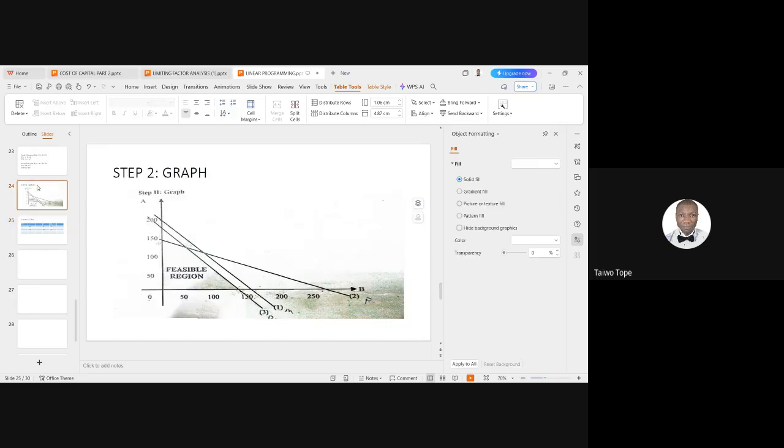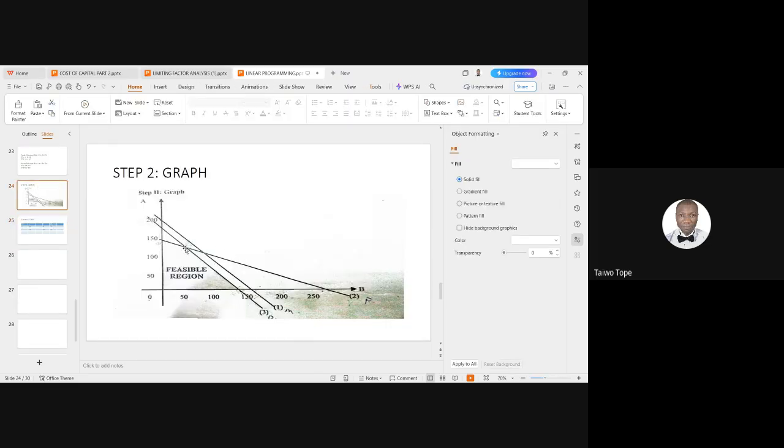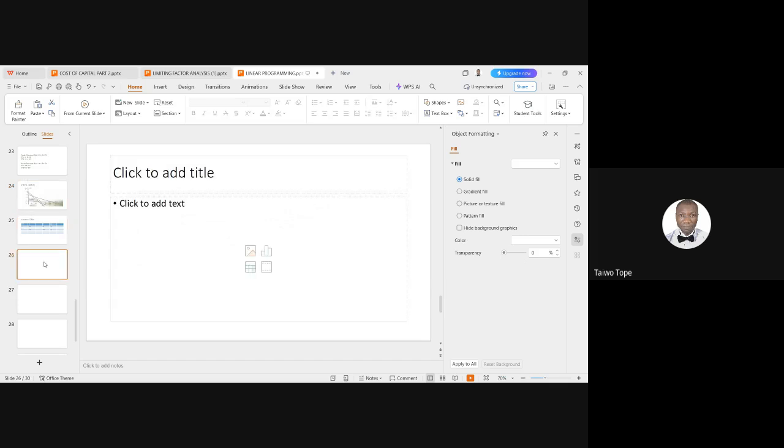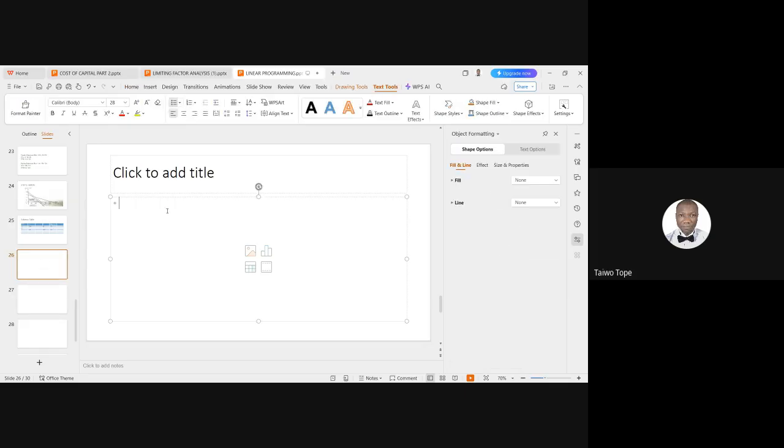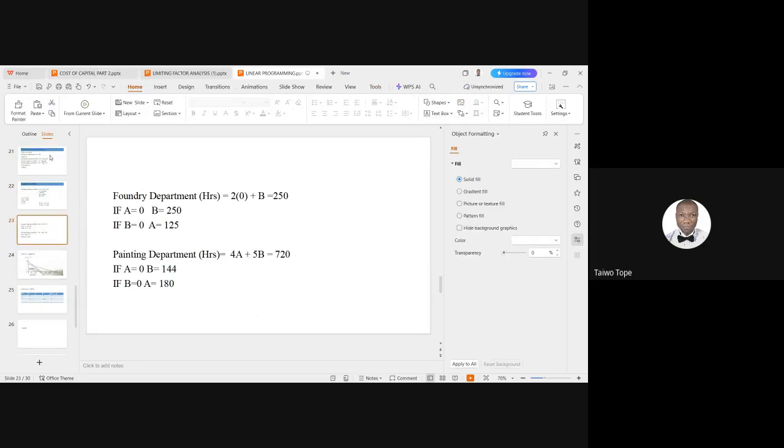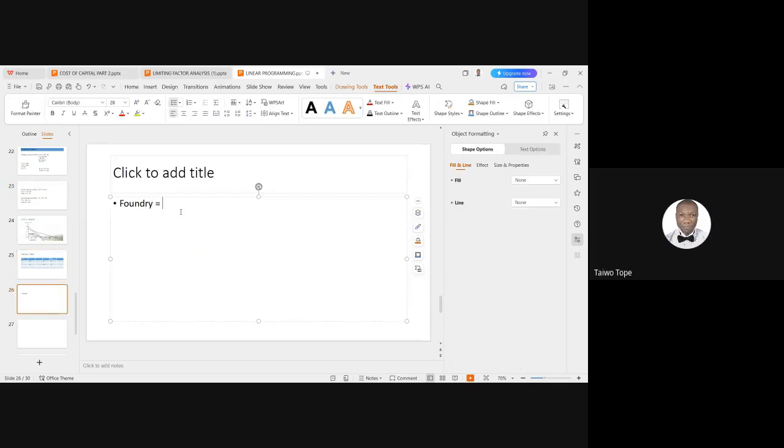Let's go back to B, where the work is. Because we have 2 lines of intersection, let's determine the 2 equations that form the intersection. We said foundry and painting. For foundry, the equation is 2A plus B equals 250 hours.